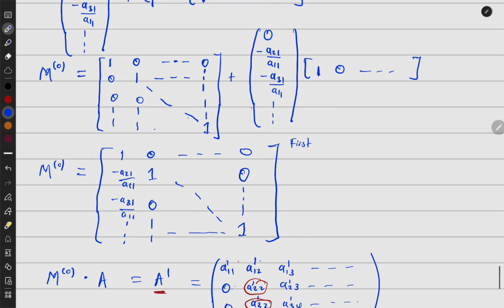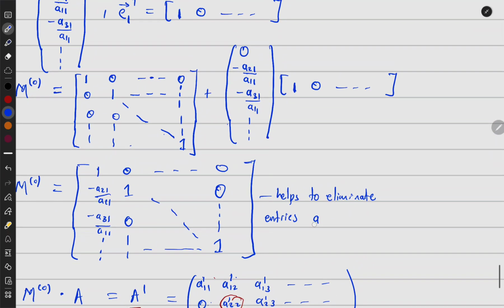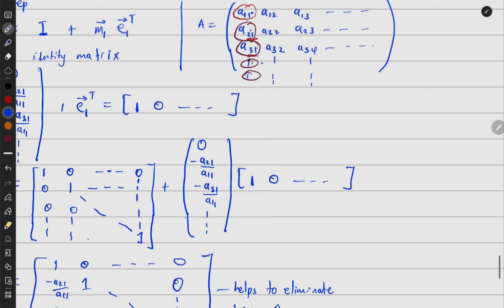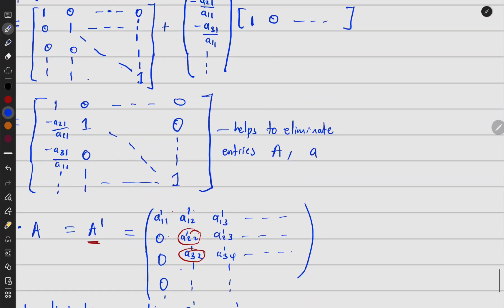The first step, this actually helps to eliminate entries of capital A, and that is entries A21, A31 onwards.